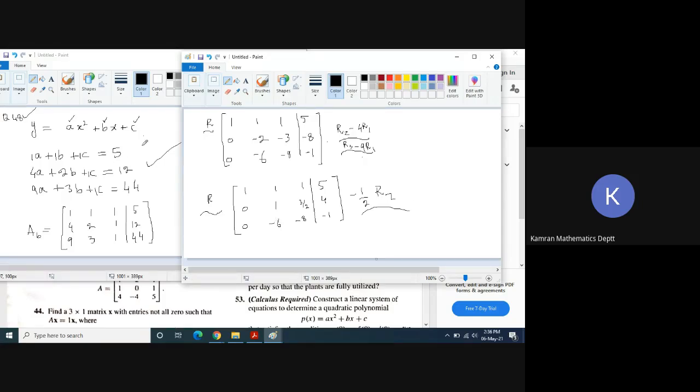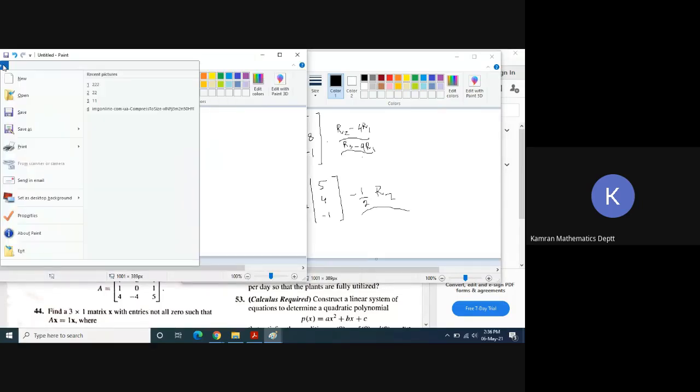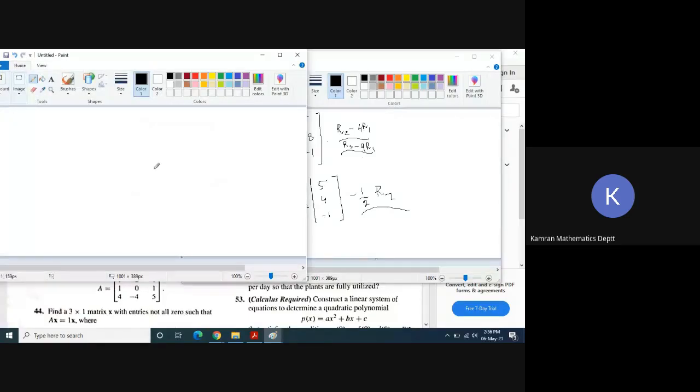So for this we will apply the row operation R3 plus 6 times R2.